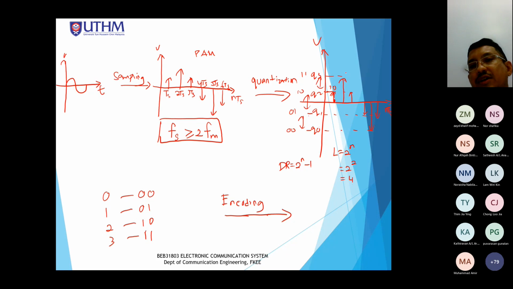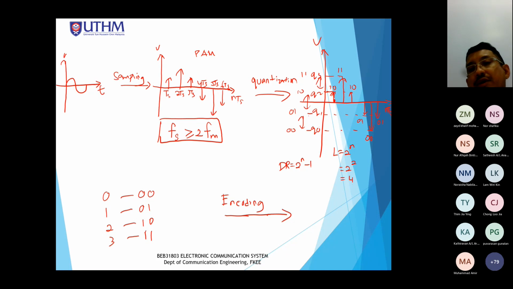The next quantized element has been mapped to Q3, level 3, and this is assigned code 11. This is 10. This is 01. This one is 01, this is 00, and this is 01. So I have 6 codes assigned to the quantized values.